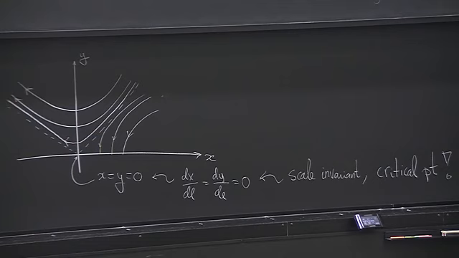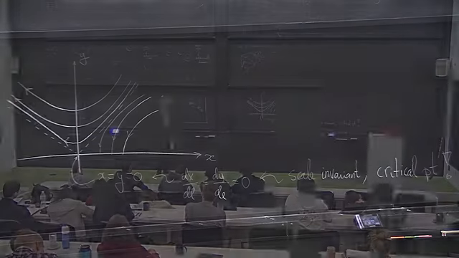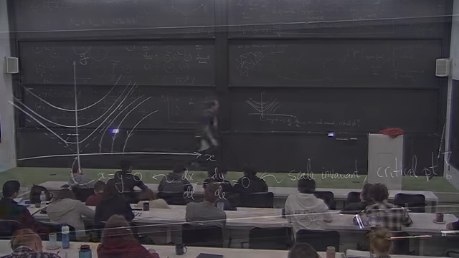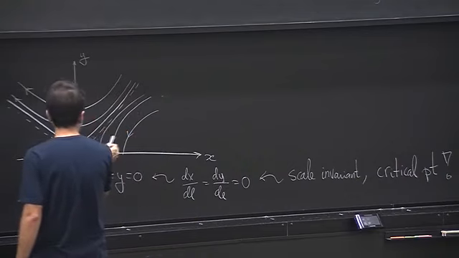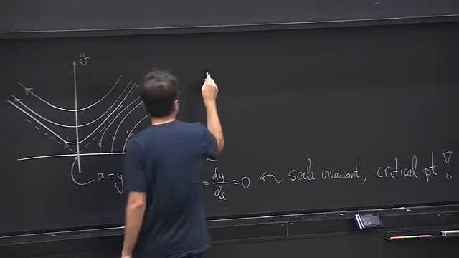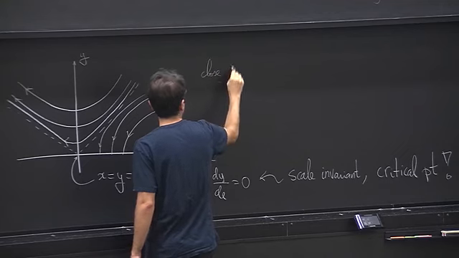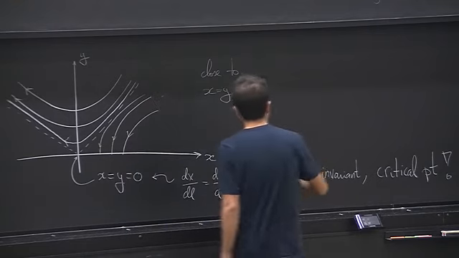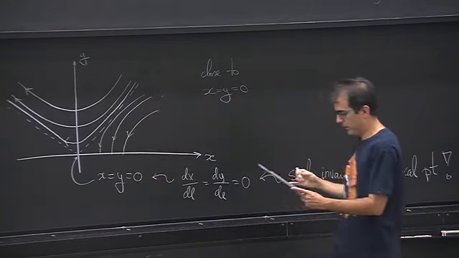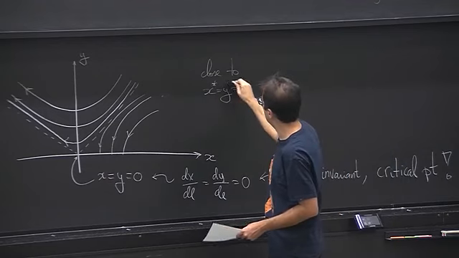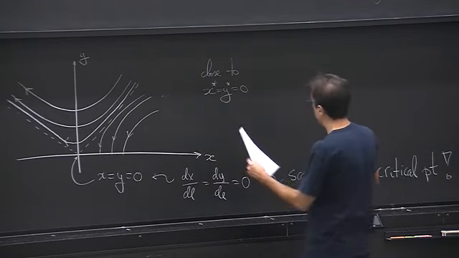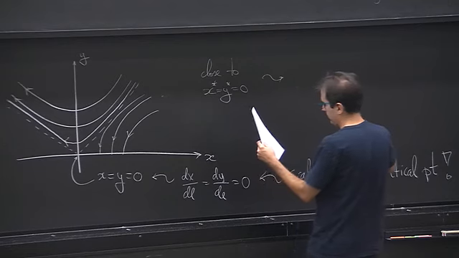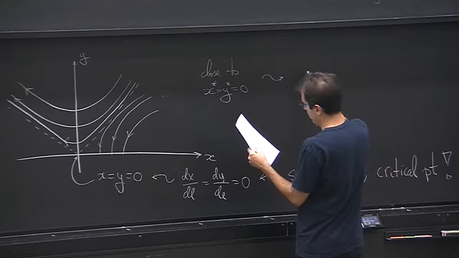Okay, these are what happens if you start with some x0, y0 and then evolve according to this differential equation. This is not hard to see, because if we zoom in close to this critical point, x star equals y star equals 0, the equations become the following.